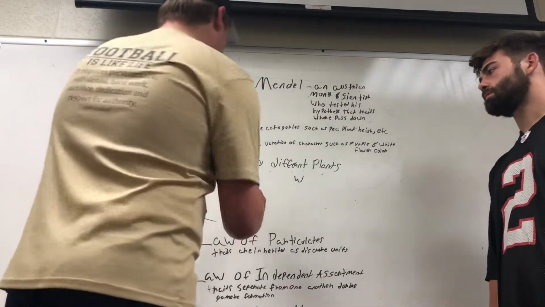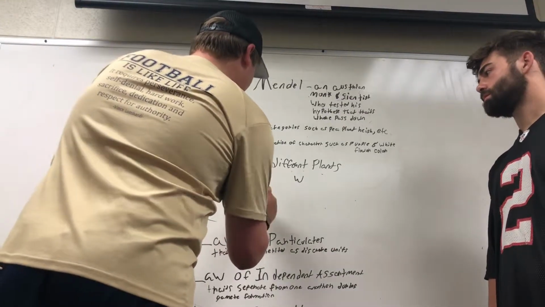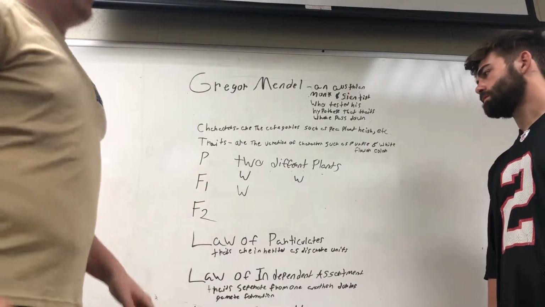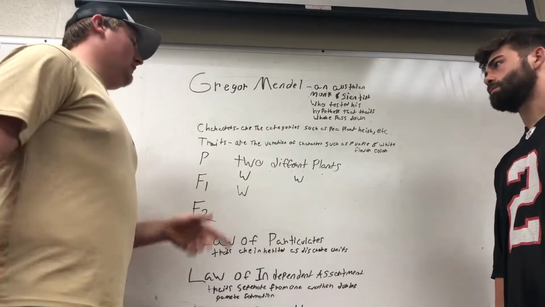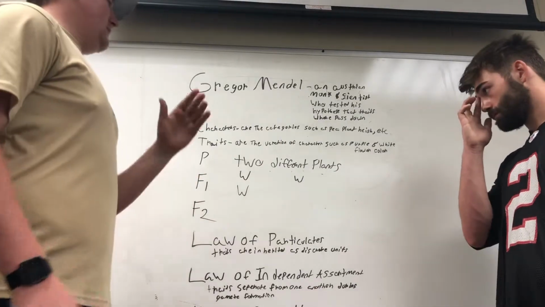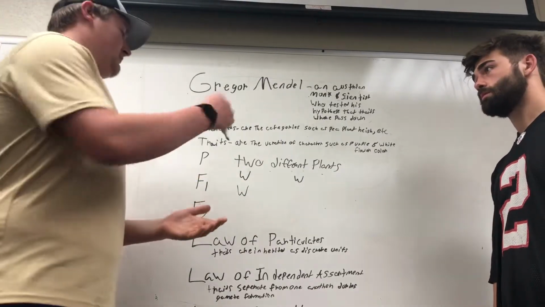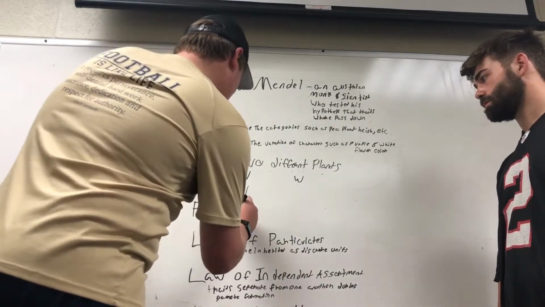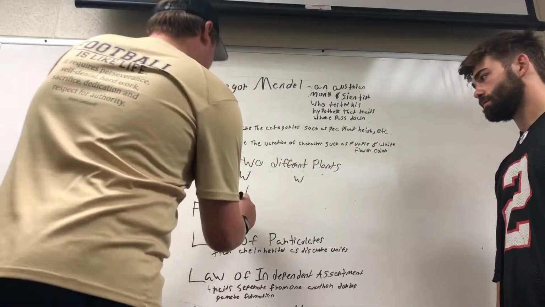Well, to their surprise, they were all white. But when it came down to the F2 generation, the recessive gene, which we now know is the white flower, was passed down because it basically piggybacked on the trait, which they had no clue about.